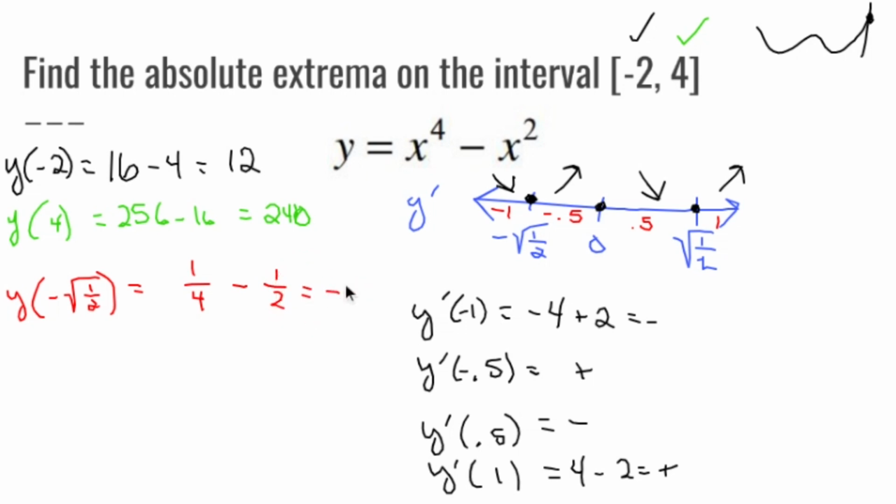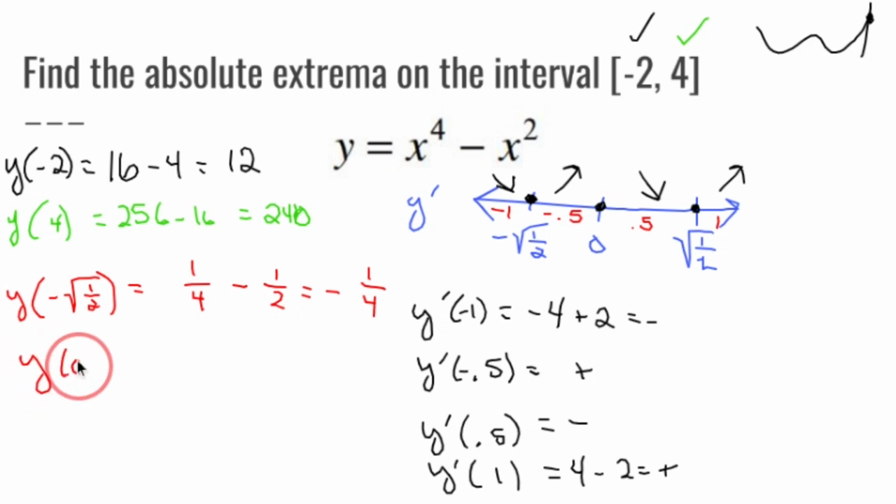What's a quarter minus a half? Negative 0.5, or negative 1/4. Let me double-check what the square root of 1/2 to the 4th power is. Yeah, I did it right. A quarter minus a half is negative 1/4.